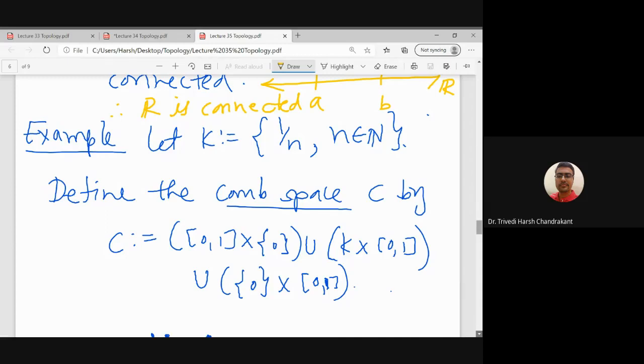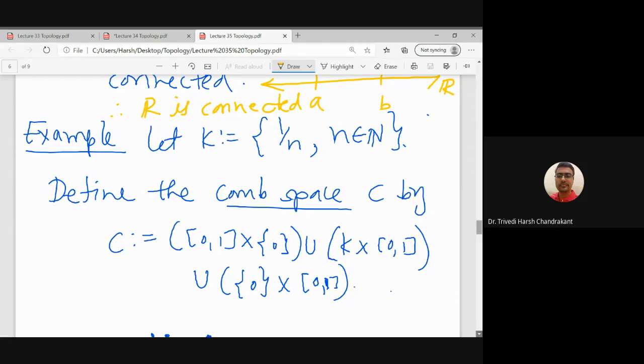Comb space. So K is defined as 1 upon n, where n belongs to the set of natural numbers. To define the comb space C, C is equal to the union of three sets.